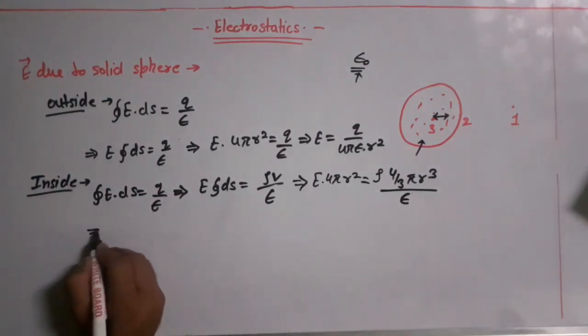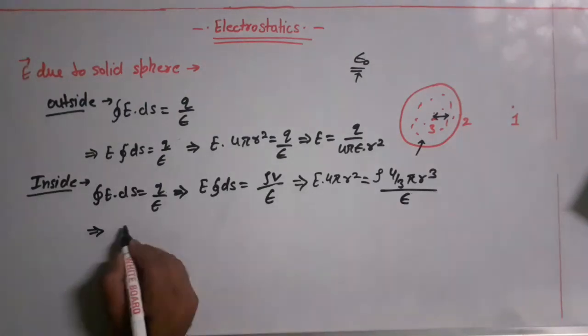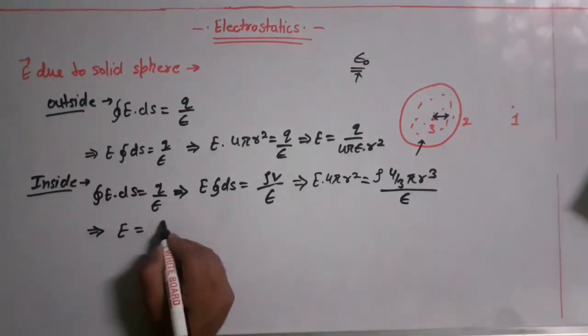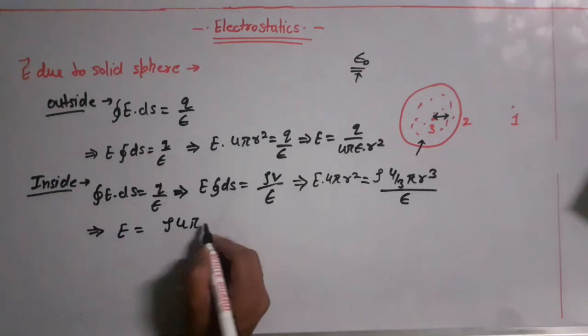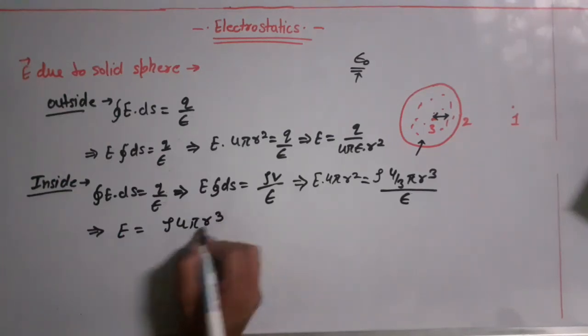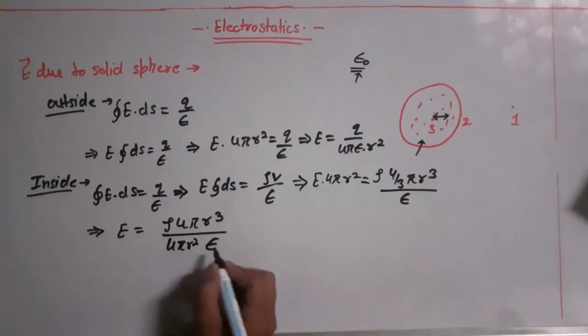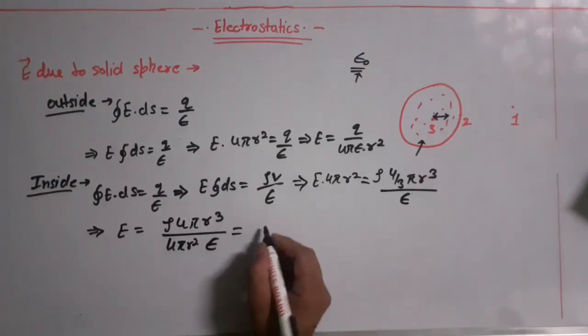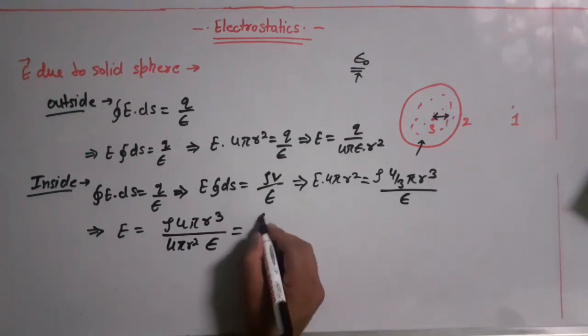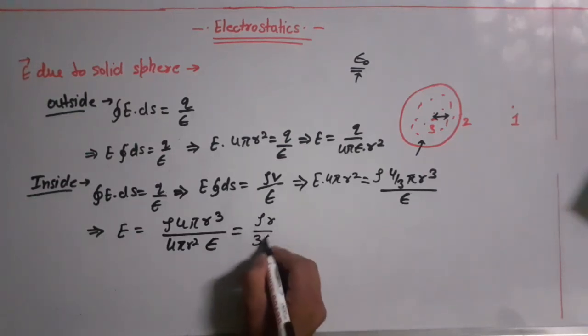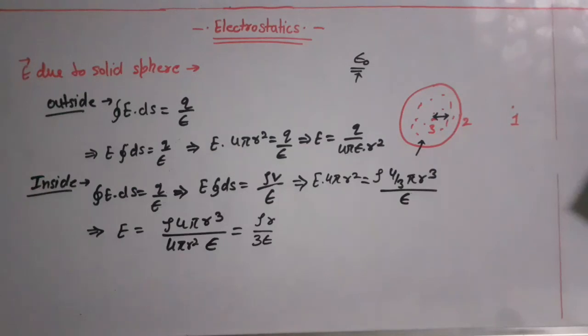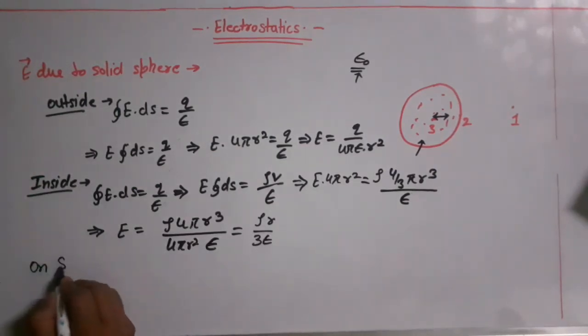Now if we find E from this equation, we will get rho 4 pi r cube divided by 4 pi r square epsilon. This gives us rho r by 3 epsilon. This is the electric field inside this sphere. Now let's find it on the surface.